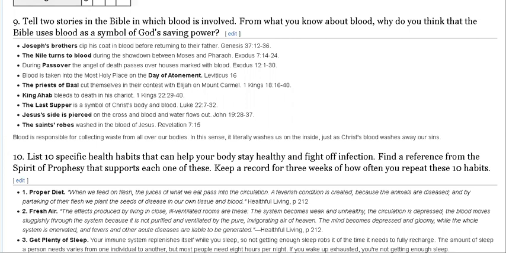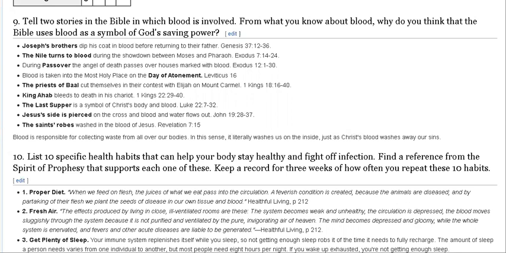It's your life source. You cannot live without your blood. You will die the second you lose too much blood. You can live without an arm, you can live without a leg, but you need your blood. People can literally be dying, and they give them blood and they live. That's saving power, and that's why it represents God's saving power.